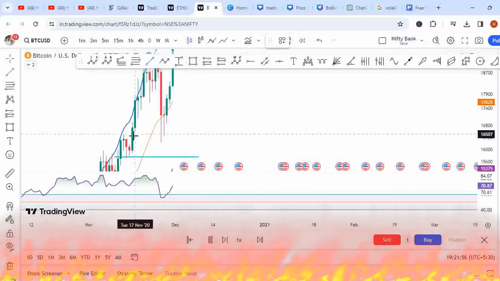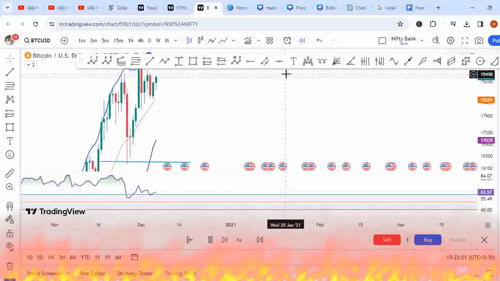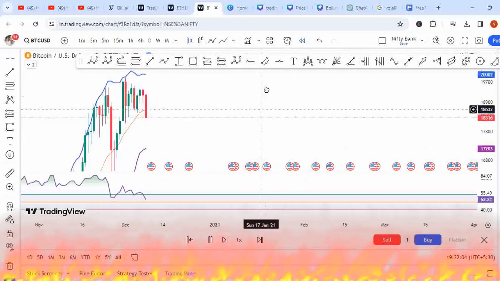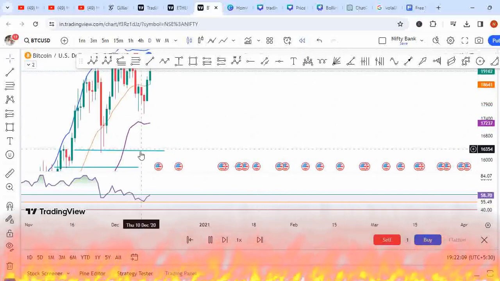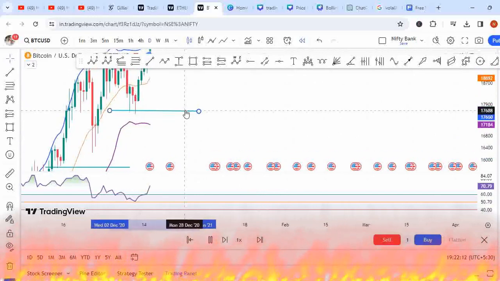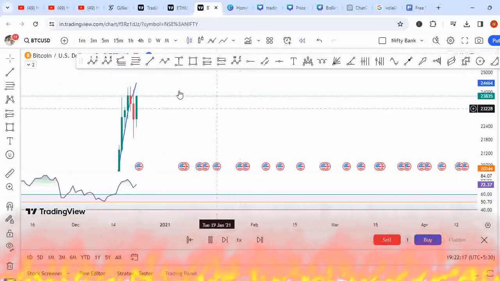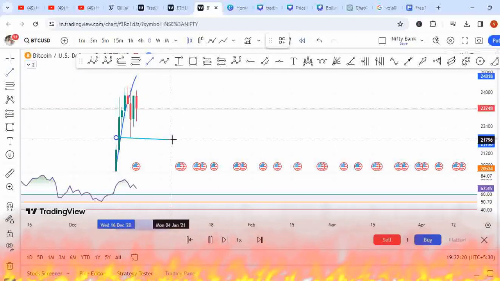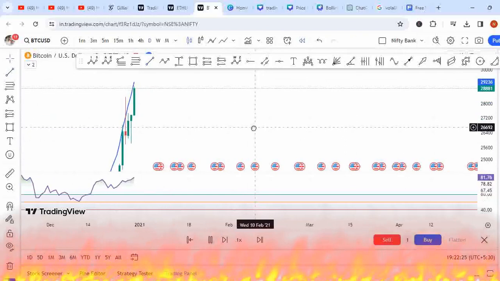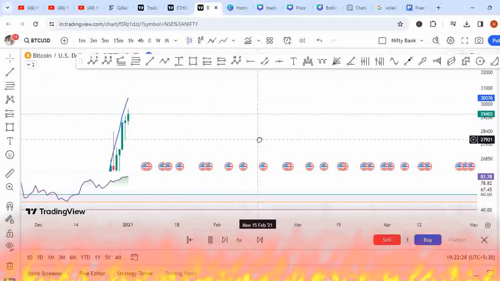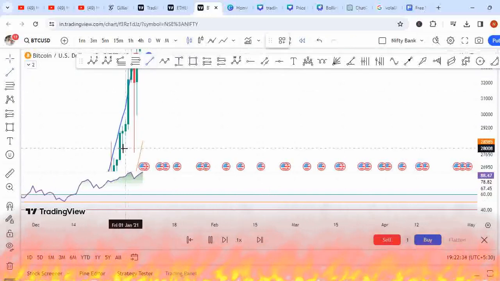Again you can trail the stop loss here, low of this candle. Now again you can trail the stop loss here, low of this swing. See, again it broke out. Now you can trail the stop loss here. Again now you can trail the stop loss here.